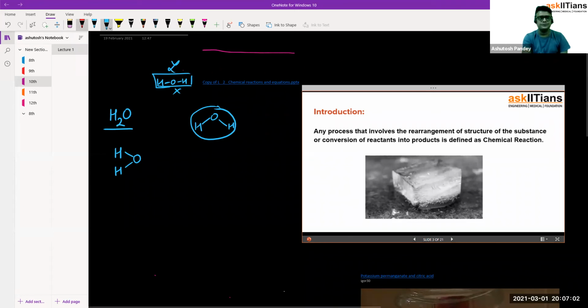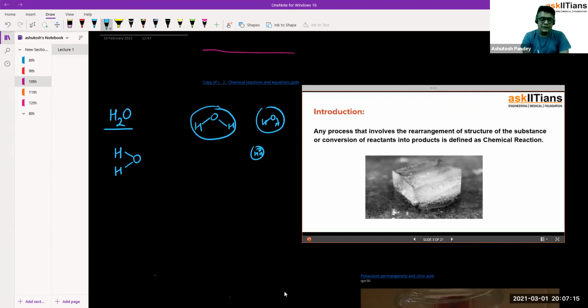This is one molecule of H2O. Now there will be different molecules of H2O, many molecules of H2O, like this. When these molecules are closely placed, well arranged, very near to each other, then we'll call it the solid form.